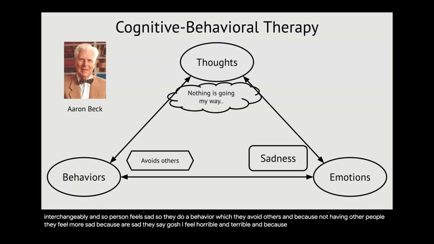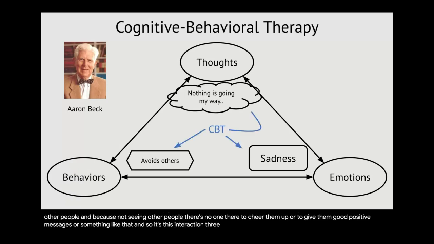And because they feel that way, they don't see other people, and because they're not seeing other people, there's no one there to cheer them up or to give them good positive messages or something like that. And so it's this interaction between the three, and so you have to work on all three to get improvement. Okay, and so cognitive behavioral therapy basically seeks to work on all three of those things.